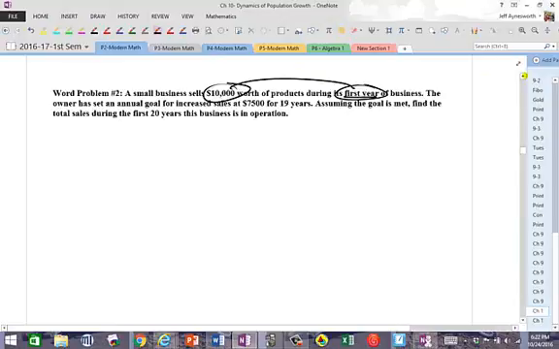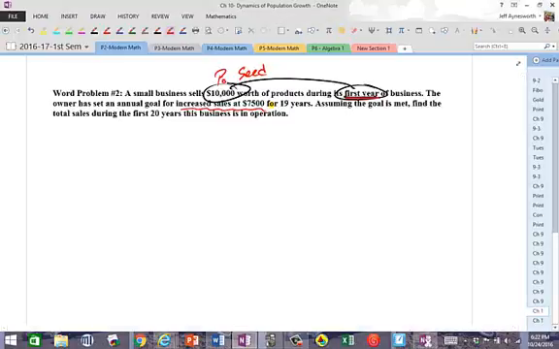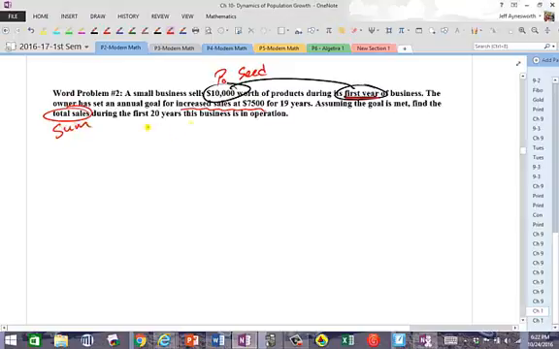That's called the seed, guys. That's p sub 0, or the seed. The keyword is first year. The owner has set an annual goal to increase sales. Ooh, increase. That means goes up, right? $75 for the next 19 years. Assuming this goal is met, find the total sales. Total sales, that's a sum, during the first 20 years of business.